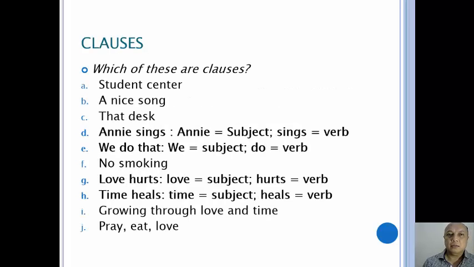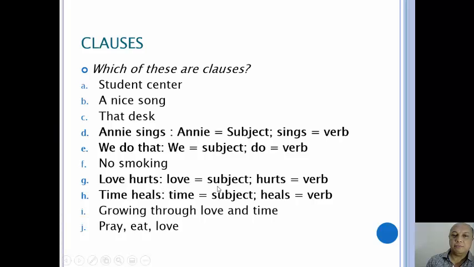Okay, now coming back to my previous exercise, these are the answers. The bold-faced parts here are the clauses. Anne sings: Anne is the subject, sings is the verb. We do that: we is the subject, do is the verb.